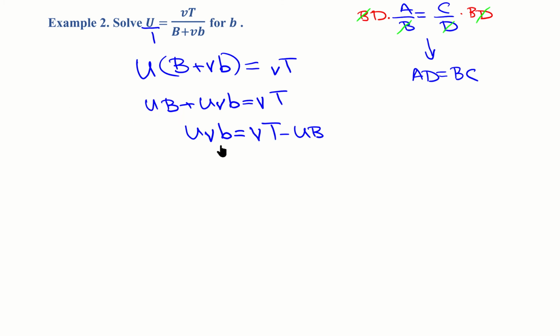So now all we have to do, we're almost there. To get lower b, we just need to get rid of this uv. Since uv is multiplied by b, how do you get rid of it? You divide it off. So we're going to go ahead and divide both sides by uv.